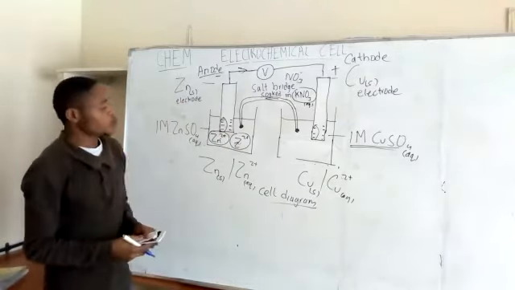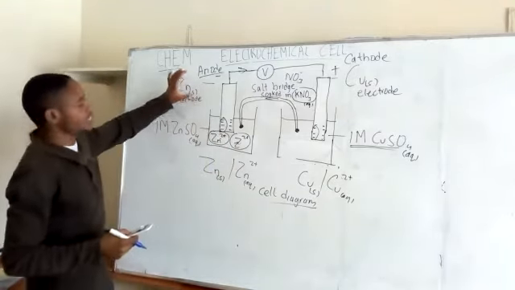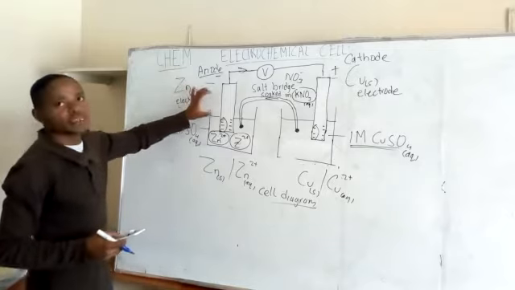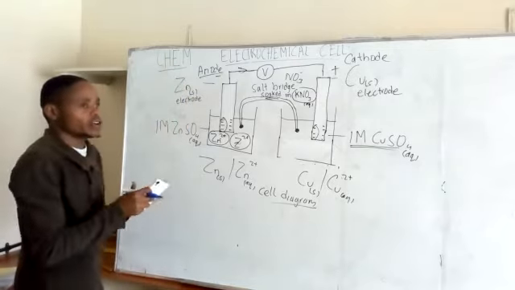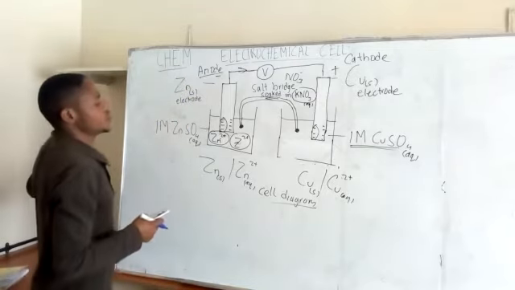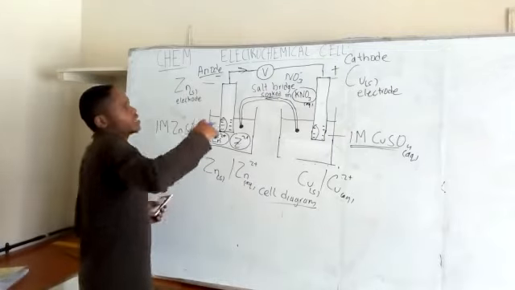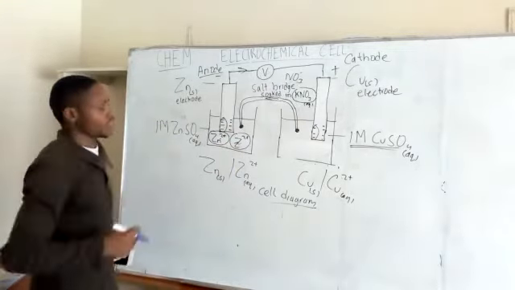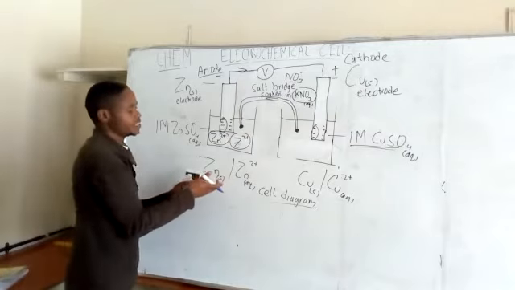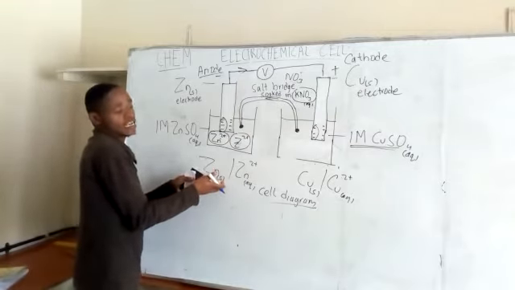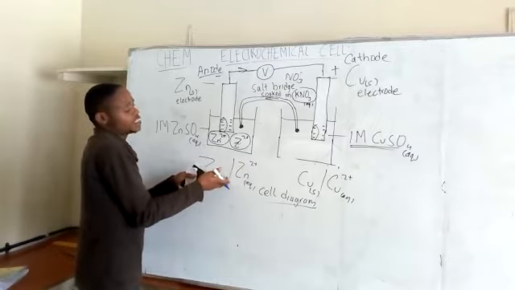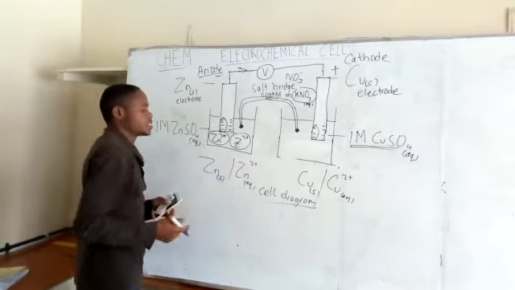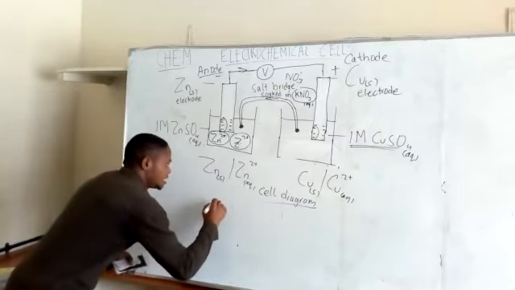On the left, we have the half cell where oxidation is taking place, while the other half cell, where reduction is taking place, is on the right. In this half cell, zinc is where oxidation is taking place, so we write it as zinc.